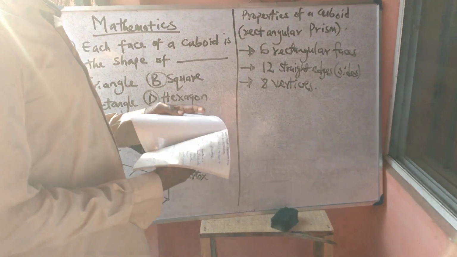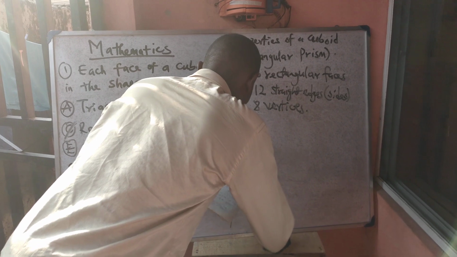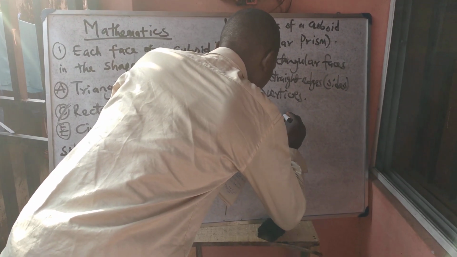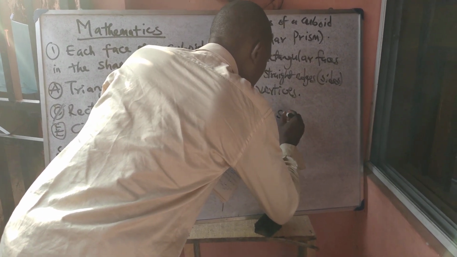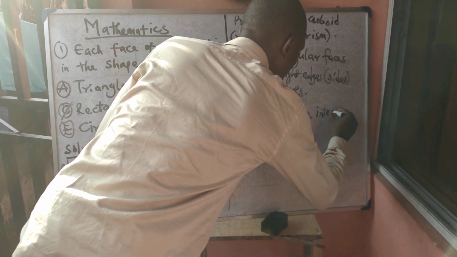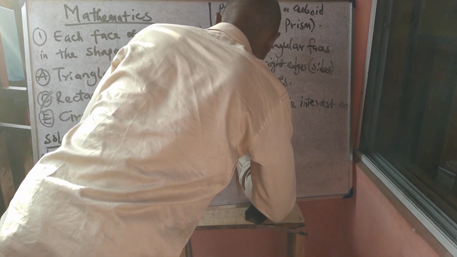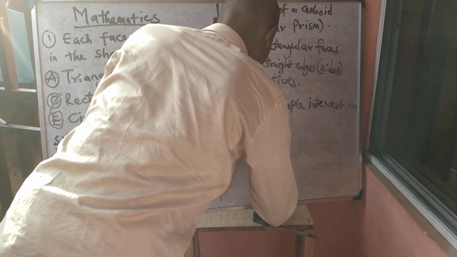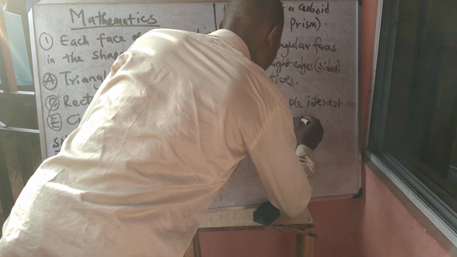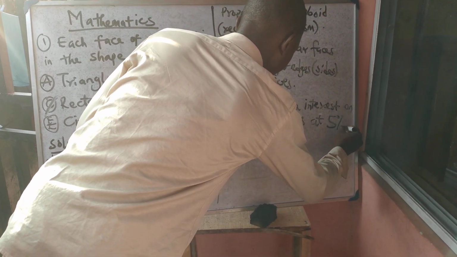Alright, now let's look at the second question. Question number 2: find the simple interest on 300 naira for 4 years at 5%.